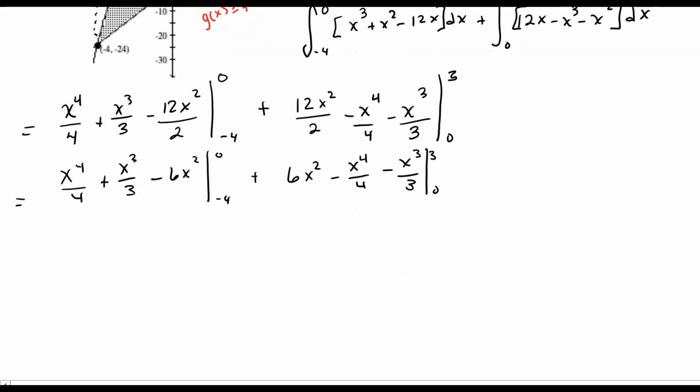And now we're ready to plug in. Well, when we plug in 0 in the first case here, we just get 0.